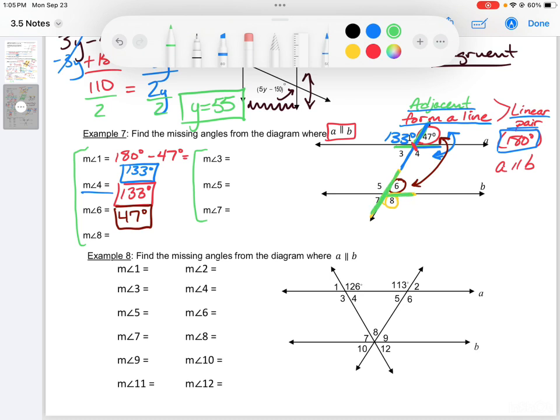I'll draw that in a different color. And we just said that angle 6 is 47 degrees. So if these two form a linear pair, that means angle 8 is 133 degrees. And it's also corresponding to angle 4, which is 133.